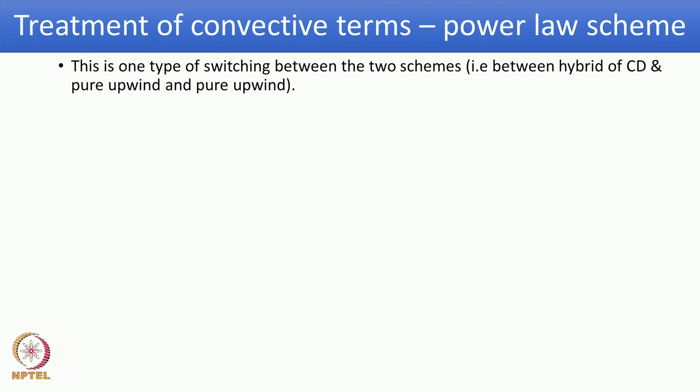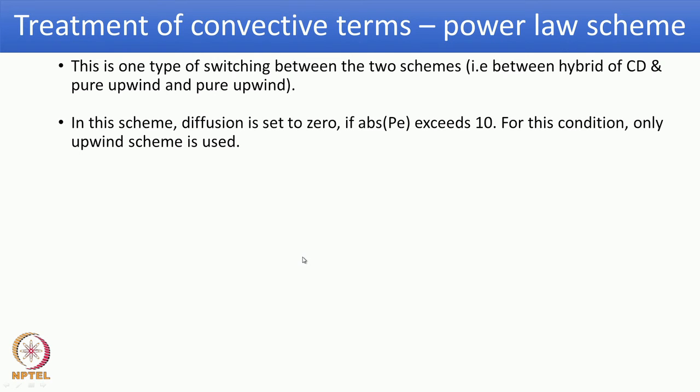So, we have the option of a mix of CD and pure upwinding as one option, or only pure upwinding. This is what is known as the power law scheme, and in this scheme diffusion is set to 0 if the absolute value of the Peclet number exceeds 10.